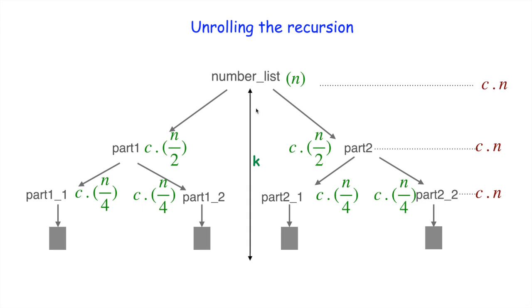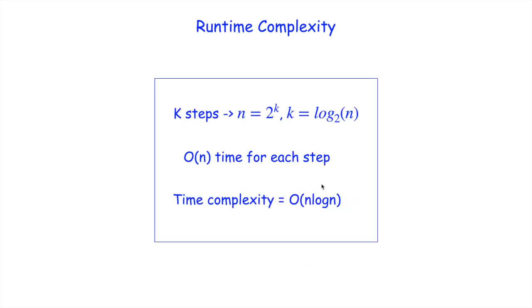Now let's say we need k steps to reach from n elements in the number list to the last level, which has only one element per part. So since we have k levels, and at each level we have double the parts as its earlier level, and each part will have half the elements as its parent, the relation between k and n would be n is equal to 2 raised to k.